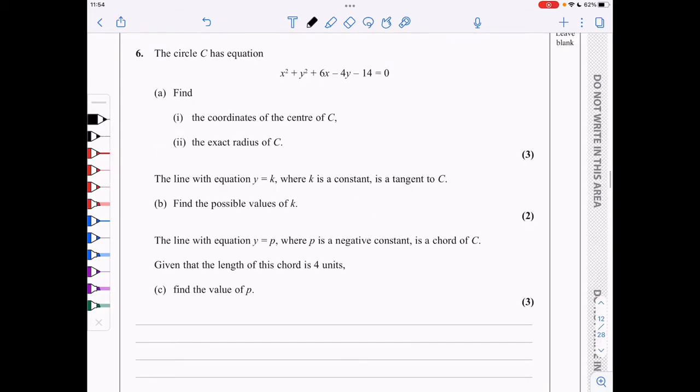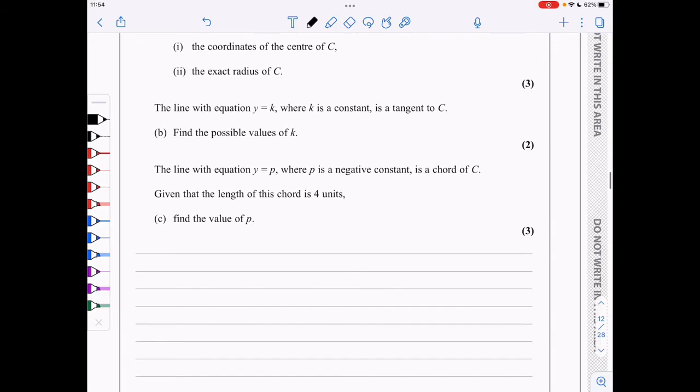In question 6, the circle C has equation x squared plus y squared plus 6x minus 4y minus 14 is 0. We need to find the coordinates of the center of C and the exact radius of C. So I will start by completing the square. I'm gonna first write the equation with the x terms together, x squared plus 6x, and then the y terms together, y squared minus 4y minus 14 is 0.